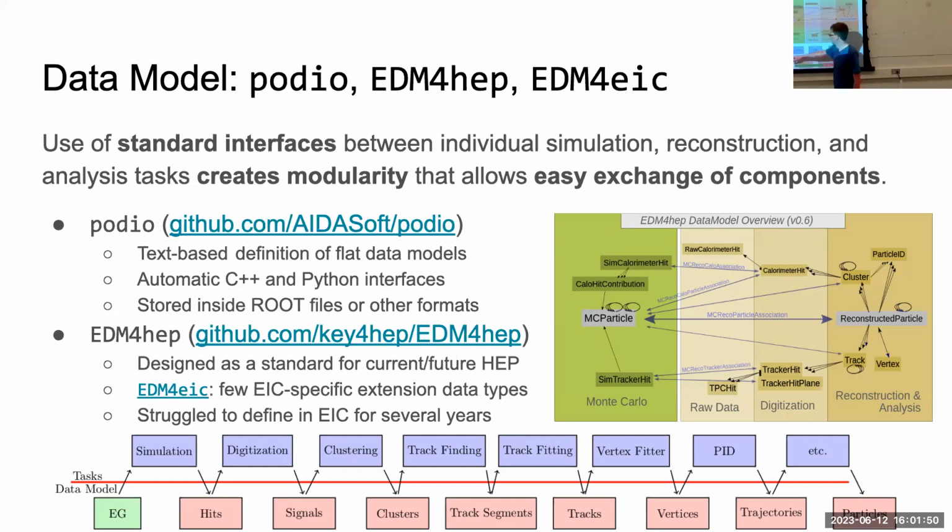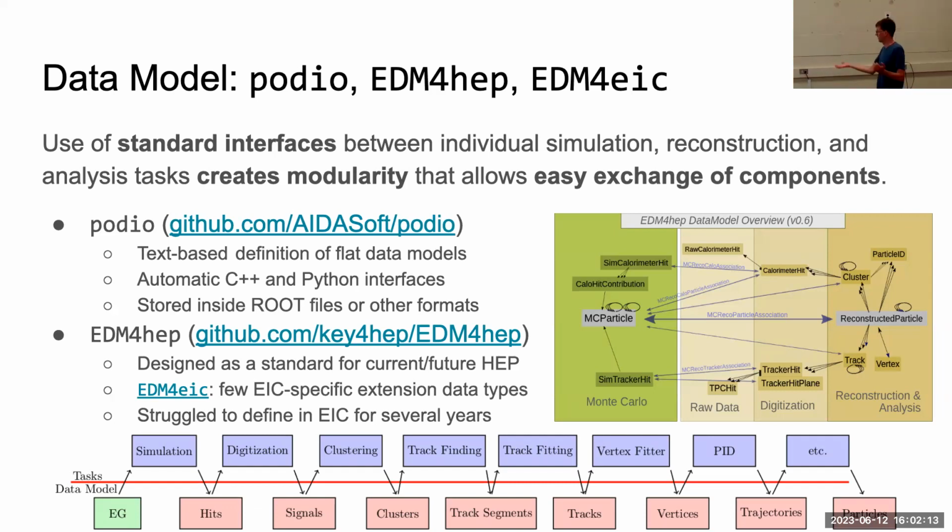And we can extend it with a little bit of things that we think might be useful for us. But nothing should rely on those extensions. It should work with the basic EDM4hep, event data model for high energy physics. So that includes things like raw hits, digitized hits, tracks, vertices, clusters, particle identification.